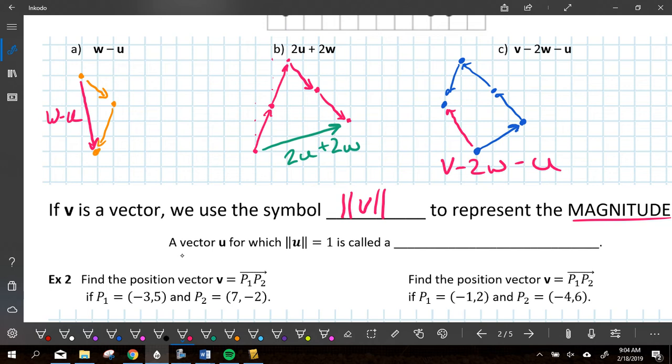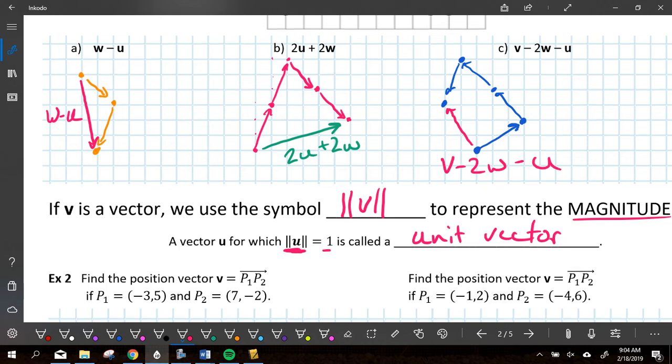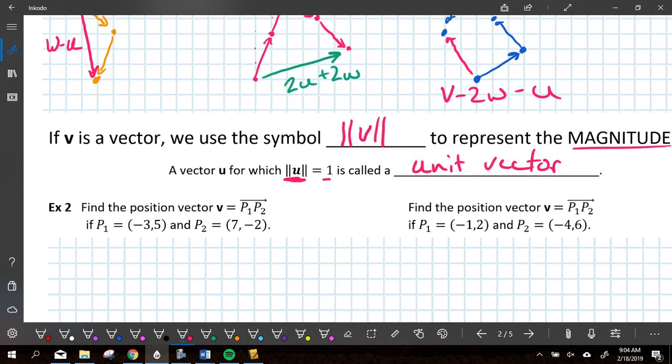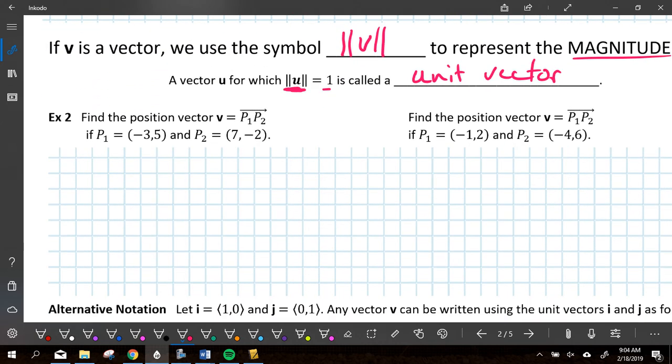A vector U, for which the magnitude of U is 1, is just called a unit vector. Just like we have a unit circle is a radius of 1, a unit vector is a magnitude of 1. And so magnitude is a simple concept. It's going to be really easy to deal with, even though it looks a little bit tougher.